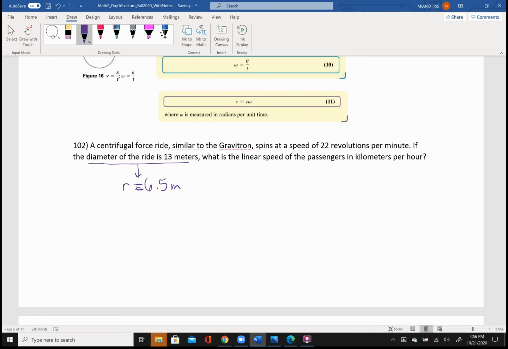Furthermore, what else are we given? Well, not much else that we can use without doing a couple of iterations of conversions. So let's take this 22 revolutions per 1 minute. We need some conversions in order to get radians per hour, ultimately.